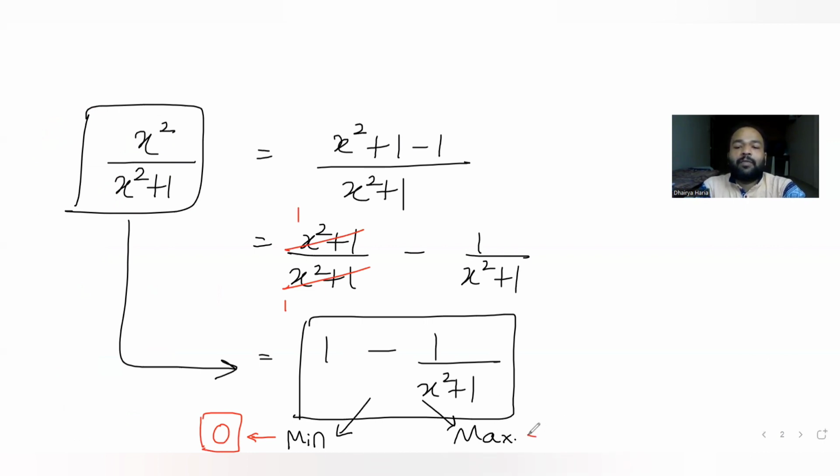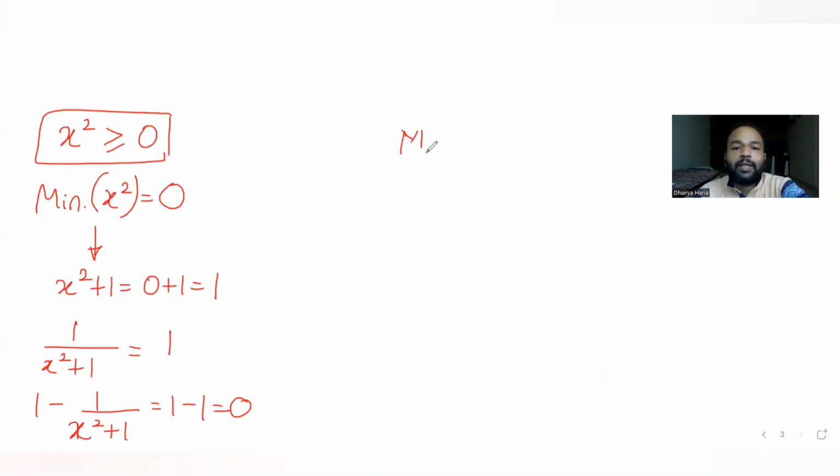Let's try to find the maximum value. For the maximum value, if I put x square going to infinity, it would become an undetermined form. To have a determined form of an answer here, I understand that I can put any value less than infinity. So the maximum value of that expression should be less than 1 minus 1 upon infinity square plus 1, which is infinity.